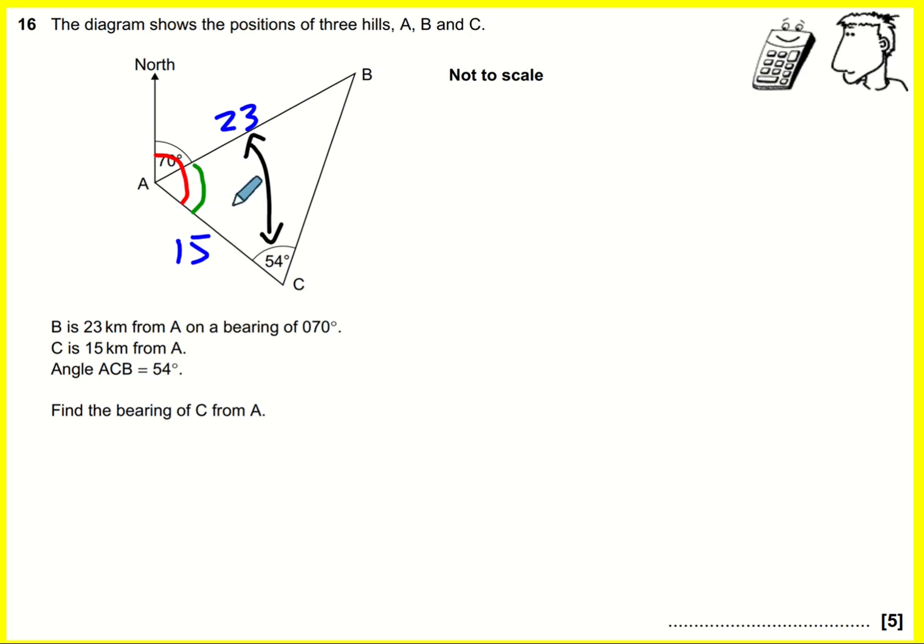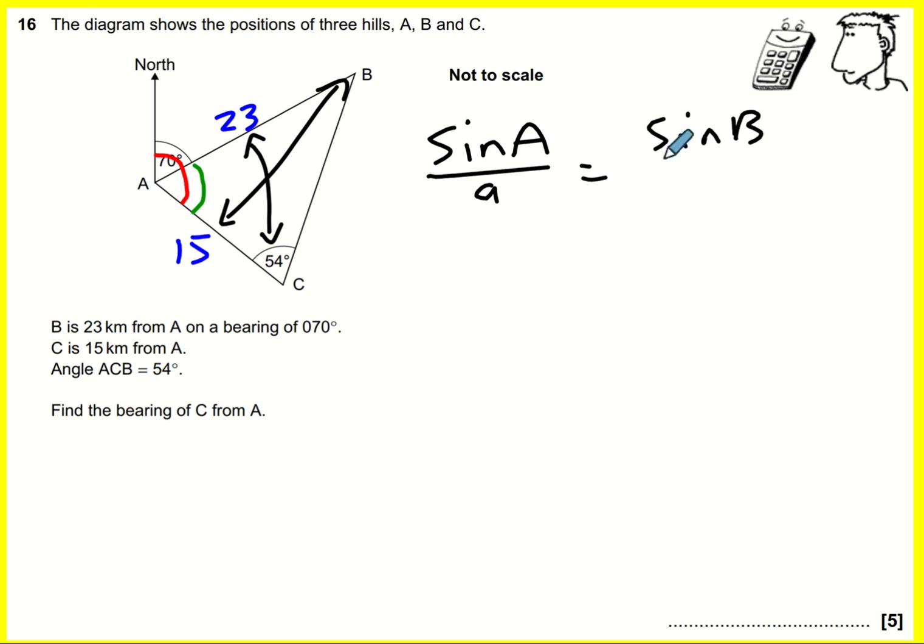And I've got another side, so I can use this one, and I can use the sine rule. The sine rule says that sine of capital A divided by little a is equal to the sine of capital B divided by little b, and equal to sine of capital C divided by little c, but I'm not interested in all of that there.